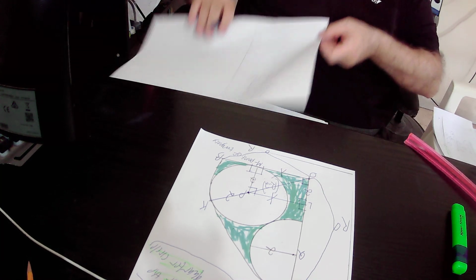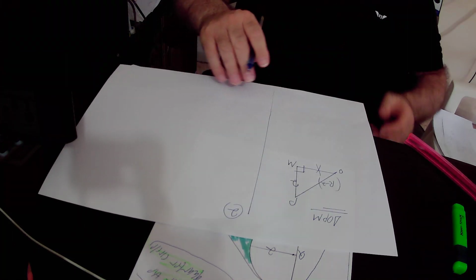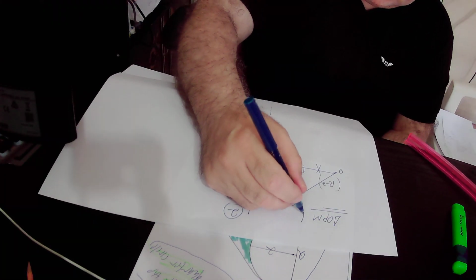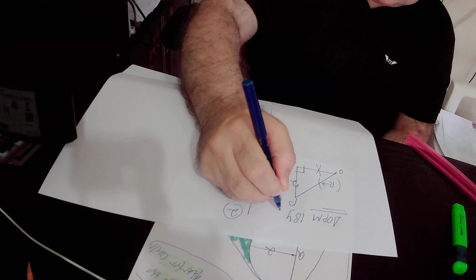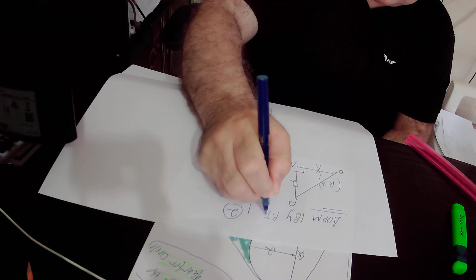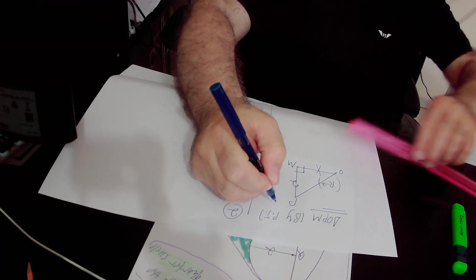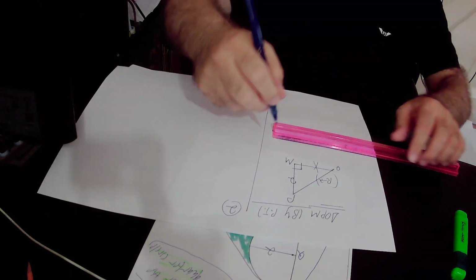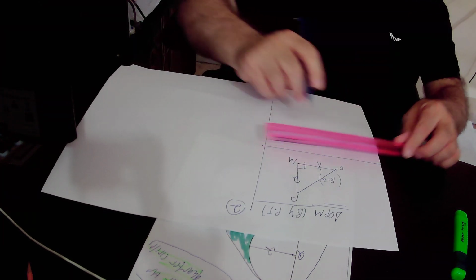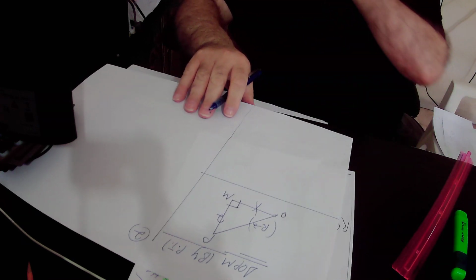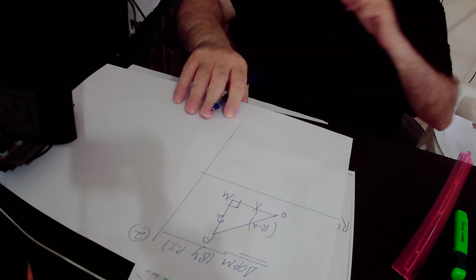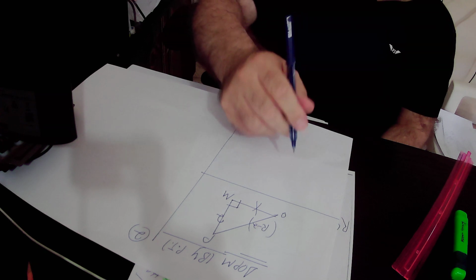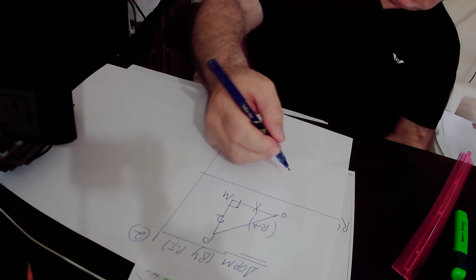So we will implement the Pythagoras theorem in triangle OPM. According to the Pythagoras theorem, the square of the hypotenuse equals the sum of the squares of the perpendiculars.